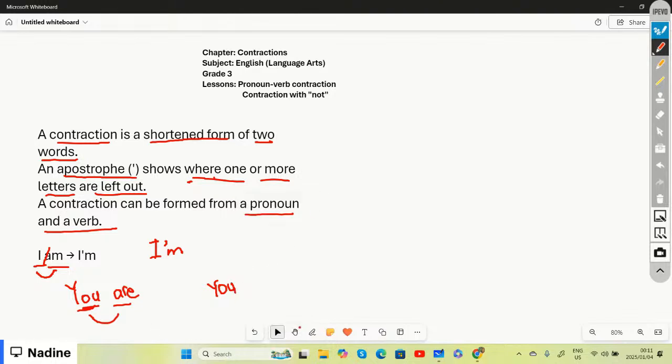Then we're going to shorten the verb by removing the A, putting an apostrophe in its place, and adding the RE. So basically, you are is you're.